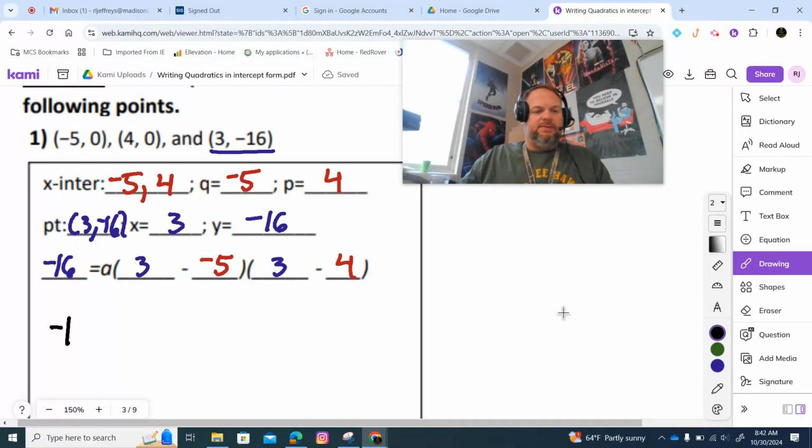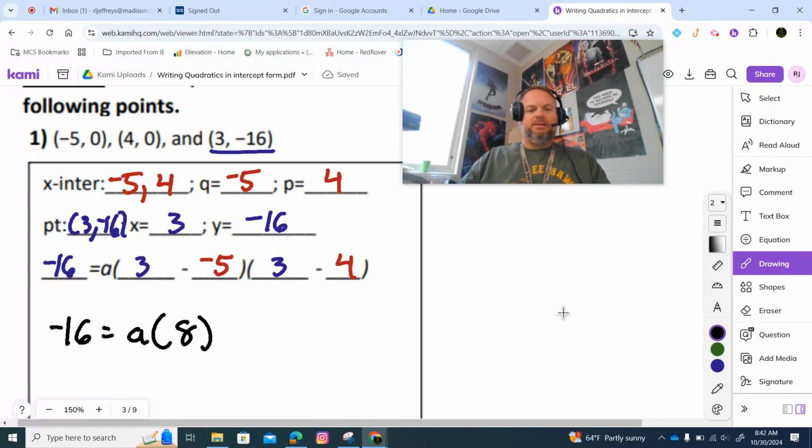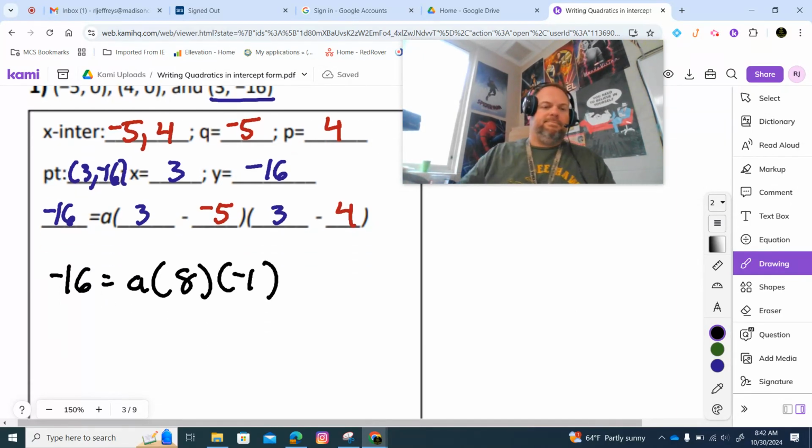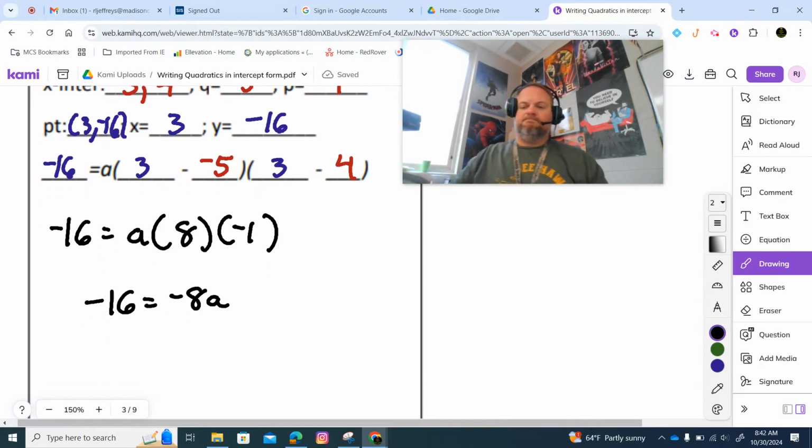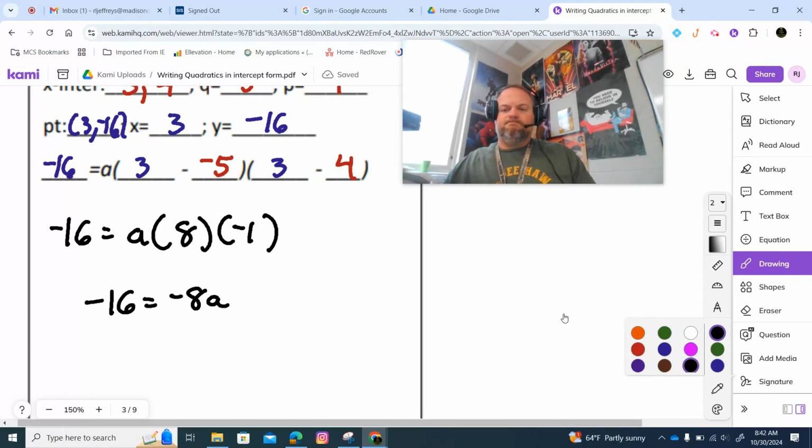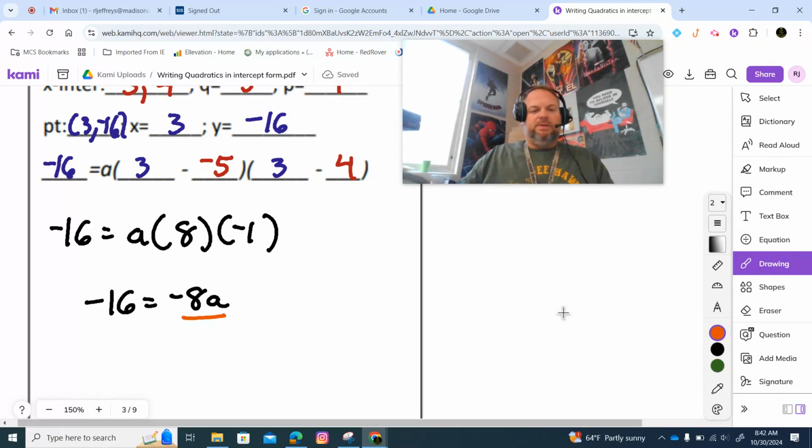So -16 stays the same. A goes right here. So 3 minus -5. This becomes 8. 3 minus 4. This becomes -1. Then we divide. Oh, not by A.